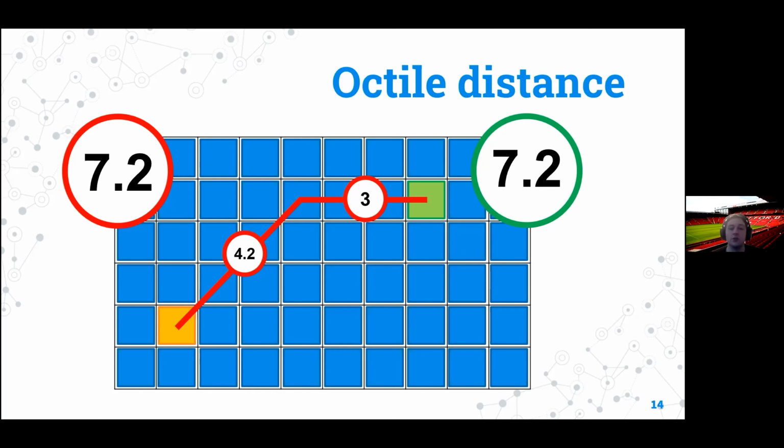But you can see if we use the Manhattan distance here, it would tell us 9 to get to the goal, whereas it's actually only 7.2 in our game because we can move diagonally. So in this situation, the Manhattan distance wouldn't be perfect. It would be overestimating. So what is the result of over or underestimating?